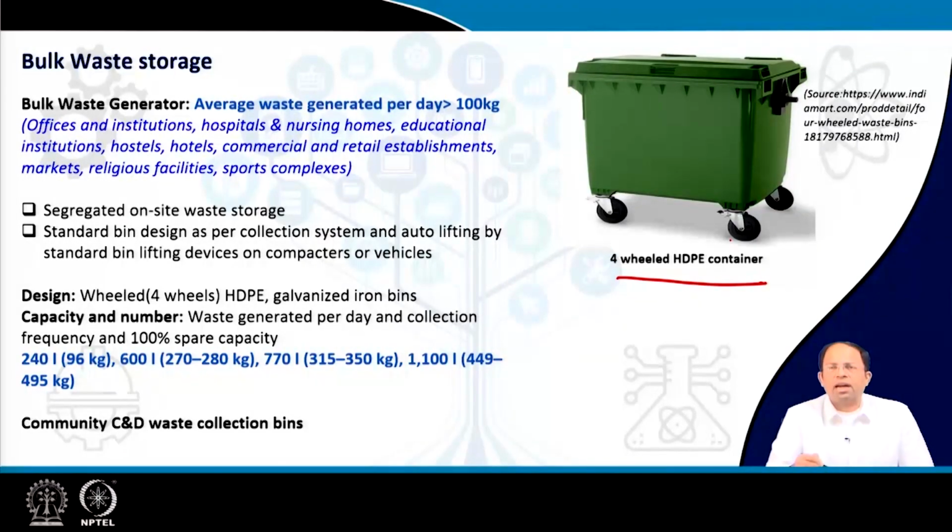You will see this kind of container in many large complexes and also in the case of bulk waste generators. For individual waste generators we can use smaller containers, but for bulk waste generators who generate more than 100 kilograms of waste per day, we obviously have to use larger containers.